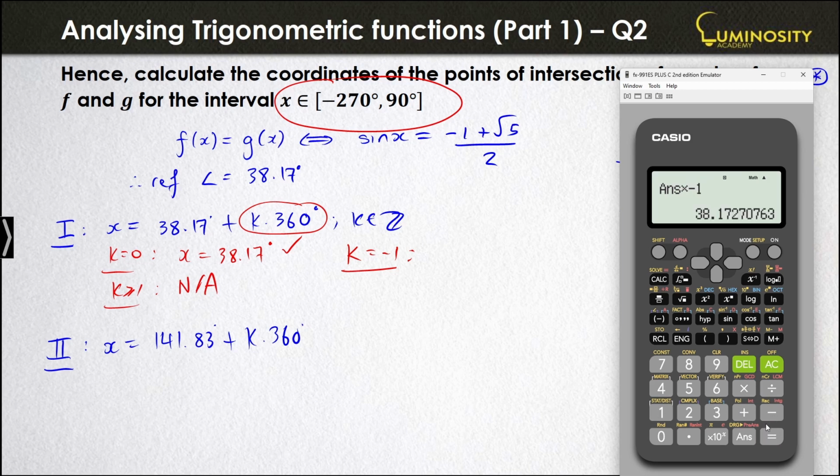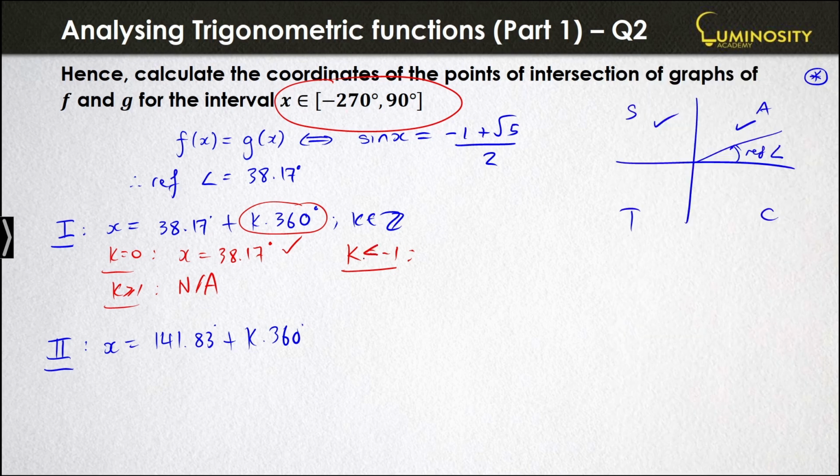Okay, so there it is over there. Now I'm going to subtract 1 amount of 360, and I get negative 321. Way outside that domain. So anything less than or equal to negative 1, not applicable. So there's the only solution there in that given restricted domain.